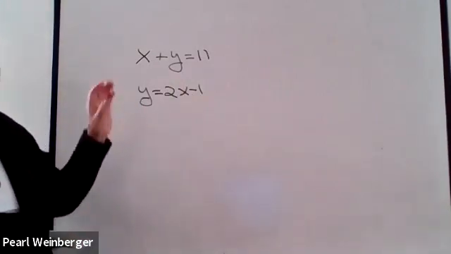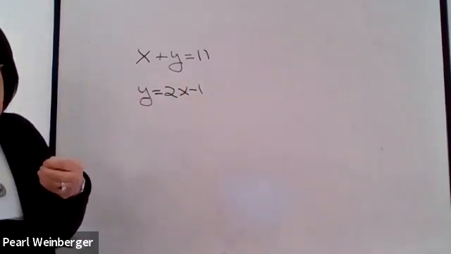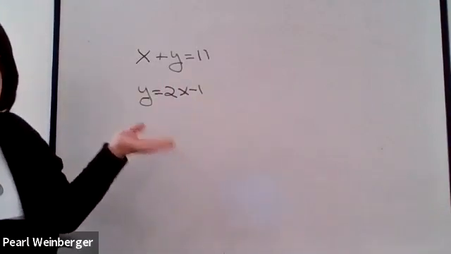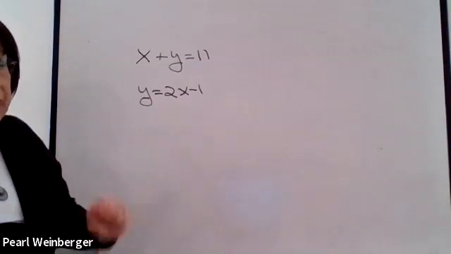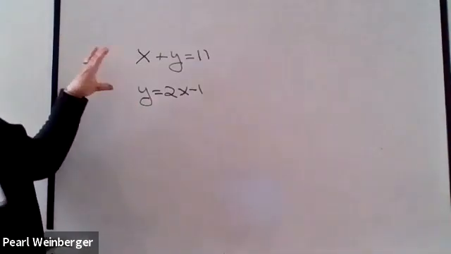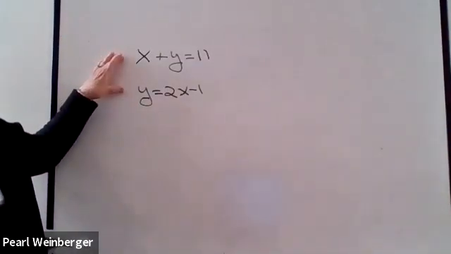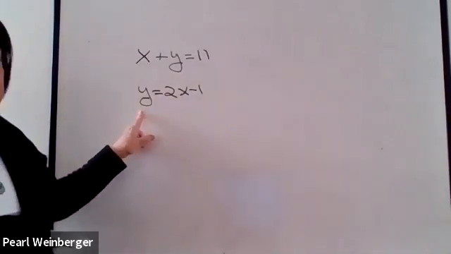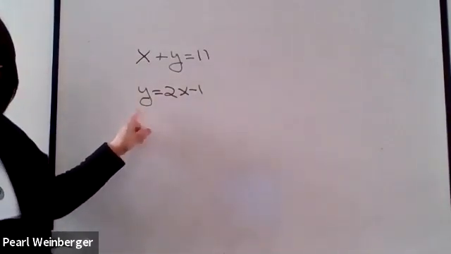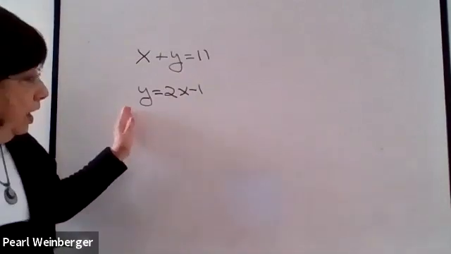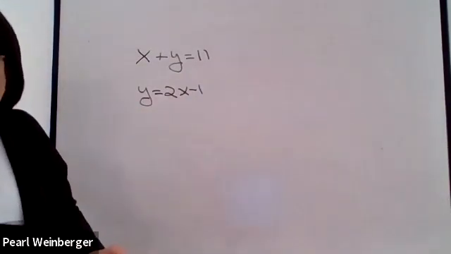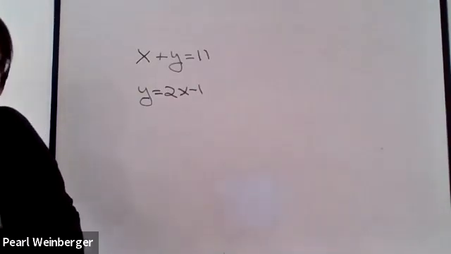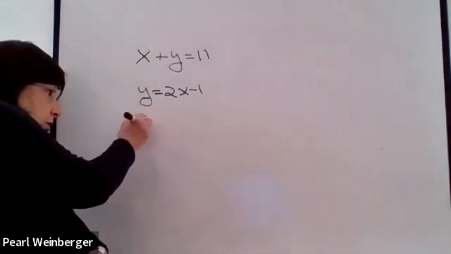And after I do this method, I'm going to go back and show you how we could have used our elimination method. But when we have the system of equations set up so that one of the equations starts with either y equals or x equals, it's actually a great setup for a method that's called substitution.